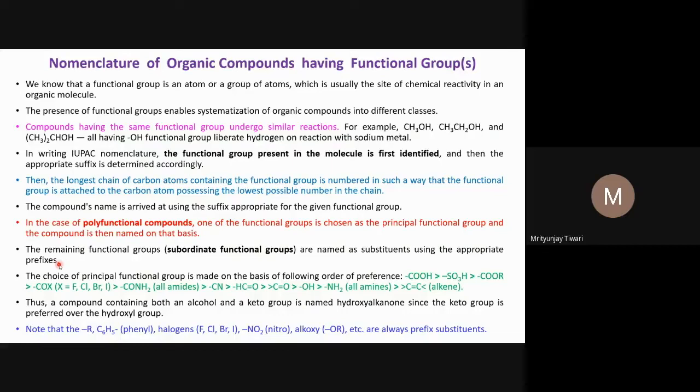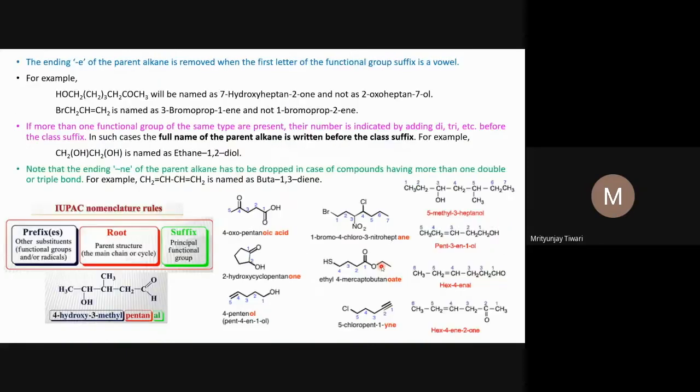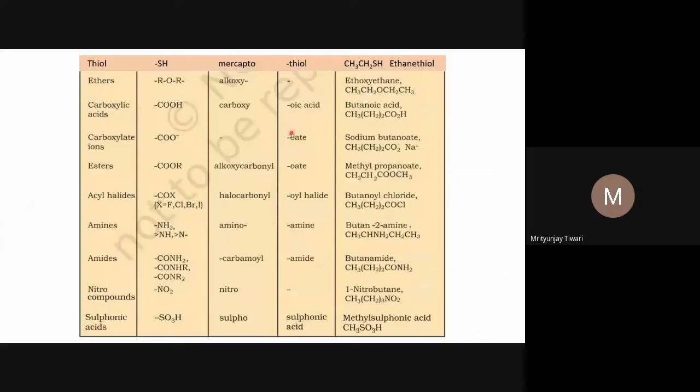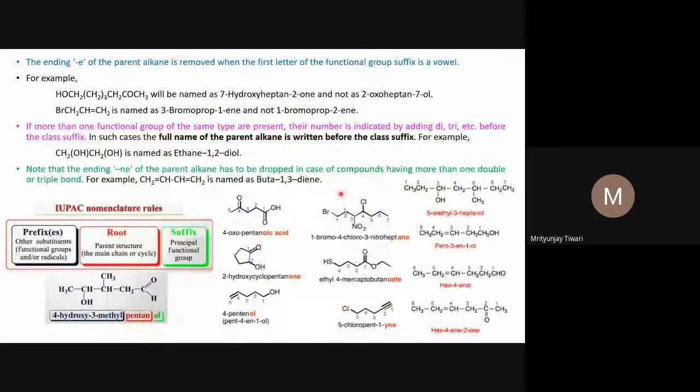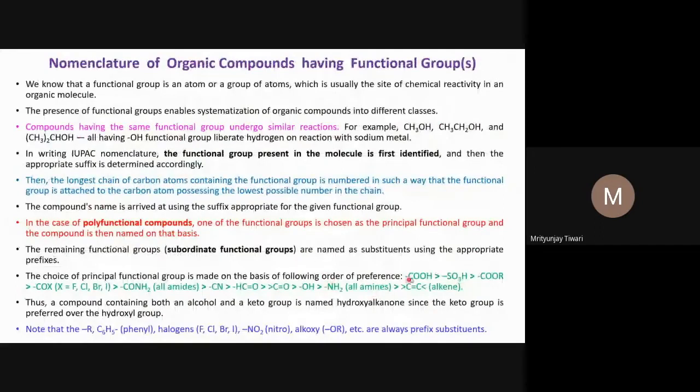And what will be the prefix for each functional group? The prefixes, the IUPAC group prefix, we have already seen in that table. We only have to remember the preference order. So before even COOH, there is COO minus, the carboxylate anion. If the carboxylate anion is there, usually this group will only become carboxylate.